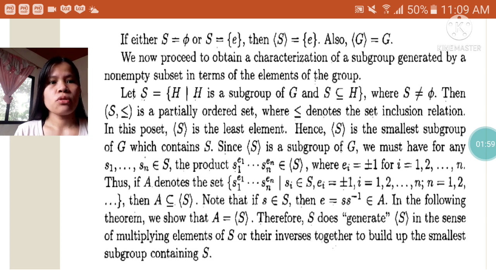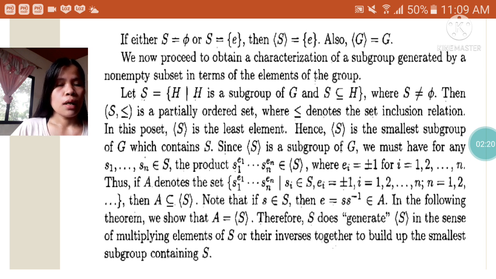We now proceed to obtain a characterization of a subgroup generated by a non-empty subset in terms of the elements of the group. Let 𝒮 be the set of all H such that H is a subgroup of G and S is a subset of H, where S is not the empty set.